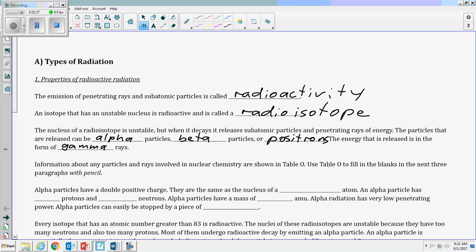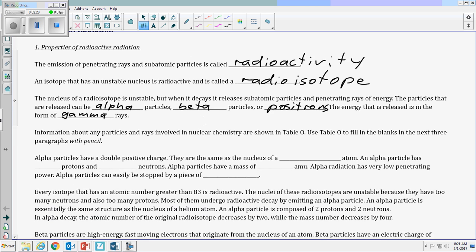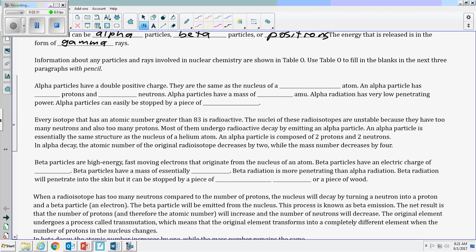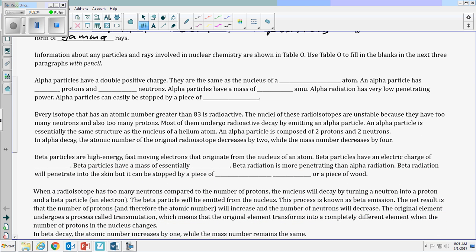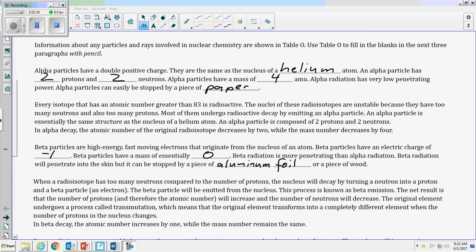Then go ahead and use Table O to fill in the next section. Pause the video and then see whether you found the right answers. Okay, so you should have found in Table O that alpha particles can be shown as 4/2 He or 4/2 alpha.